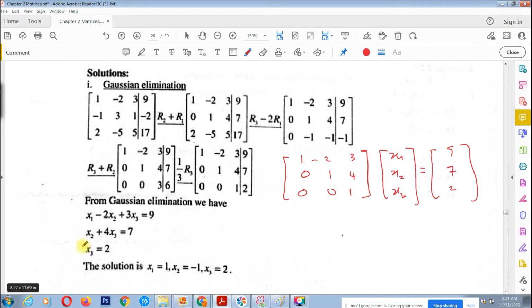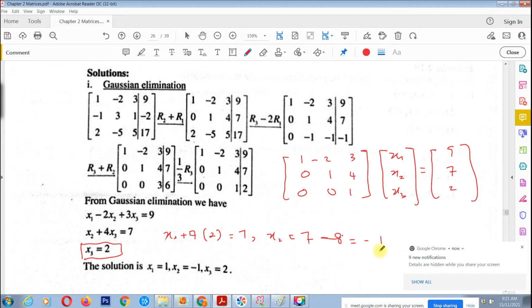We find x3 equals 2, so we put x3 here: x2 plus 4 times 2 equals 7. So x2 equals 7 minus 8, so you will get negative 1. Now we have x2 is negative 1.